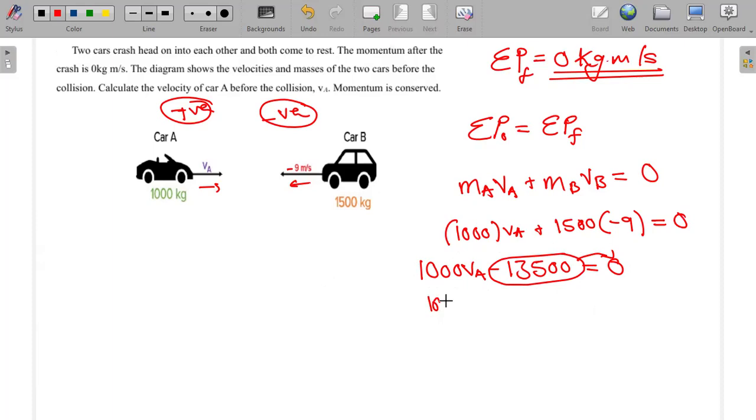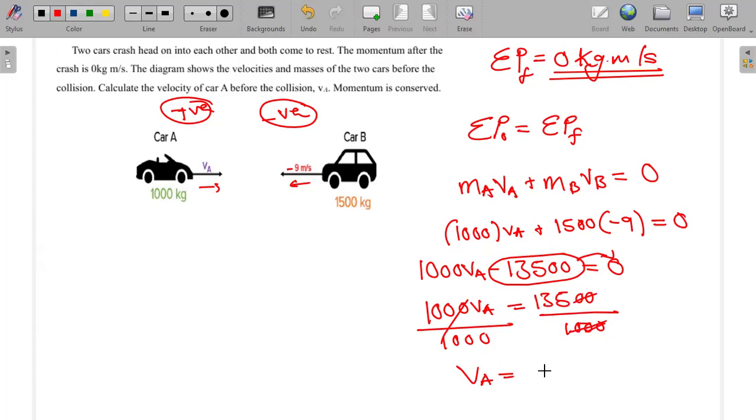I'm going to have 1,000 velocity A being equal to 13,500. So I'll divide both sides by 1,000, and that cancels out. That means my velocity A is equal to 135 divided by 10.